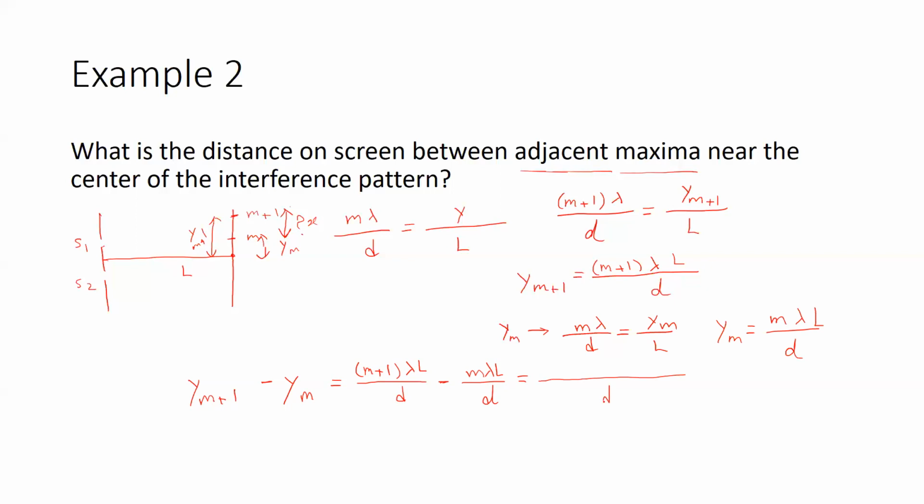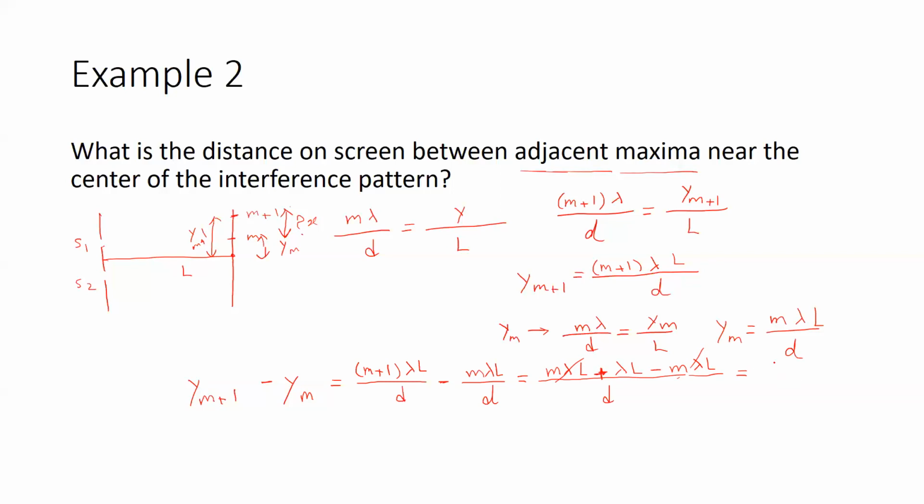If I deduct these two, let me show the workout, to help if you're not really strong in math. It equals M lambda L plus lambda L minus M lambda L. As a result, this one with this one is 0. Sorry, this one was plus, I made a mistake.